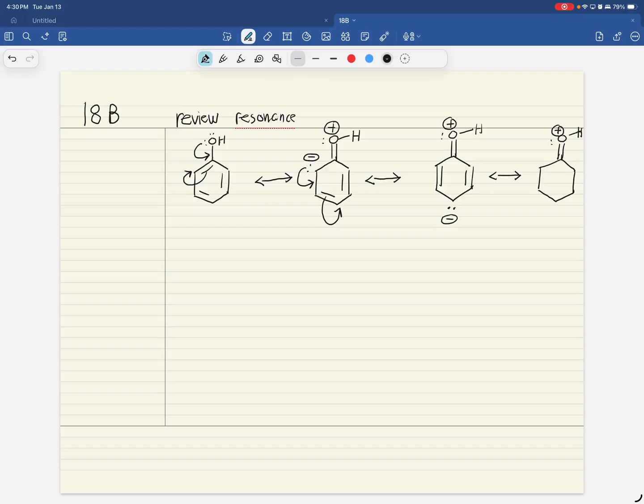So where is the double bond? How are the double bonds going to be in this last structure? Or where is the negative charge going to be in the last resonance structure that we could draw here? Yeah, the carbon right here. Thank you. All right, and then that means this double bond has formed here.